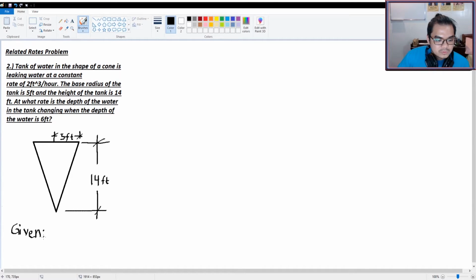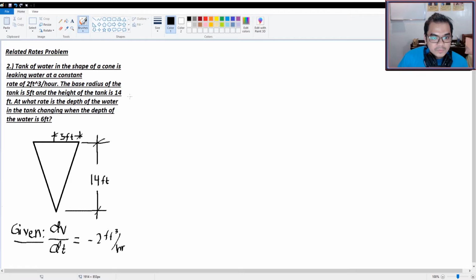Given is equal to what? 2 feet cubed, so that's dV over dt, the change of volume, since that is cubic, must be equal to 2 feet cubed per hour. But as you can see, that is leaking water. Therefore, it causes the water to decrease. Therefore, this must be negative.